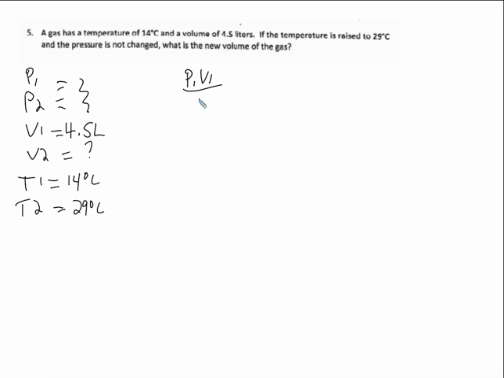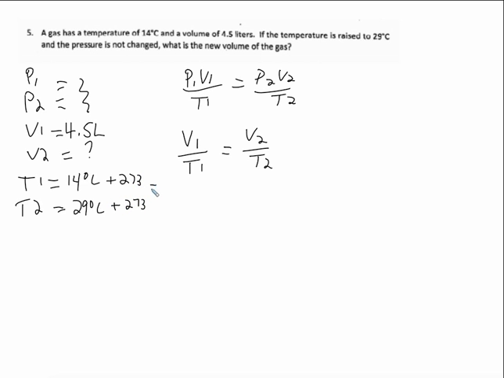So we have this equation, P1 V1 over T1 equals P2 V2 over T2. Since the pressure is the same, you can just omit it and just go V1 over T1 equals V2 over T2. And then you can plug in the numbers, except there's one catch. Temperatures always have to be in Kelvin, and it makes a difference. So you've got to put them in Kelvin.